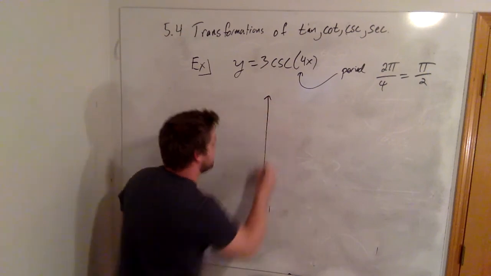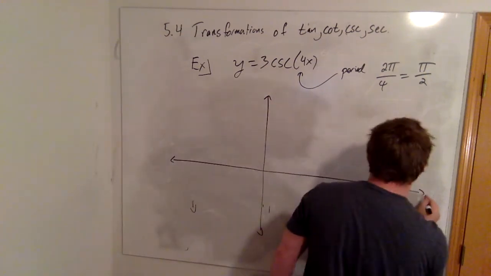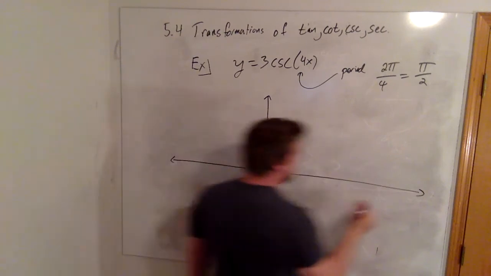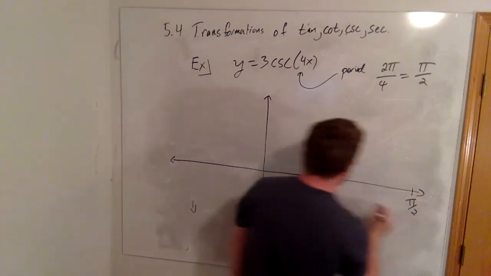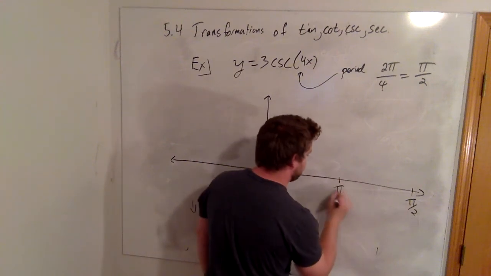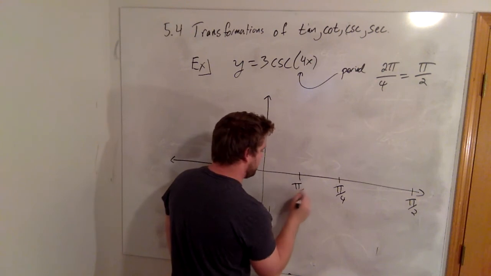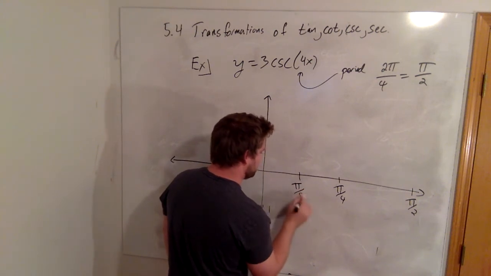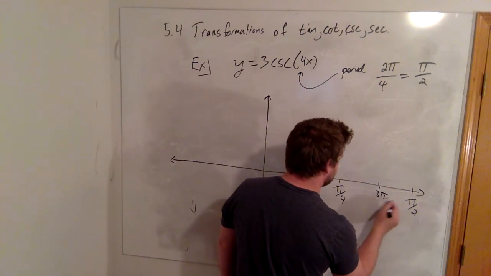Okay, so let's sketch this. Here's pi over 2. We'll cut that in half, we'll be at pi over 4. Cut that in half again, we'll be at pi over 8. So 1 pi over 8, 2 pi over 8, 3 pi over 8.